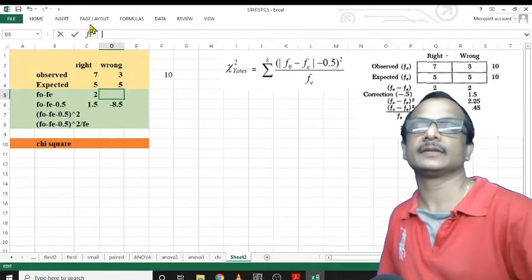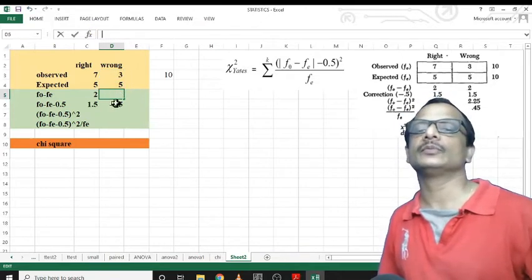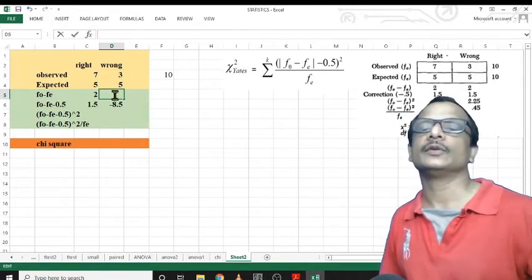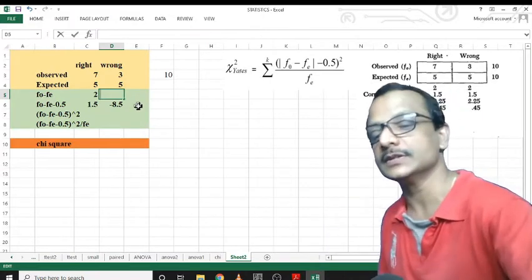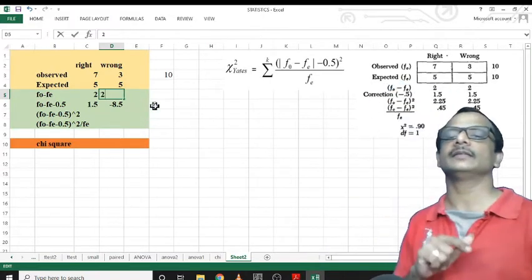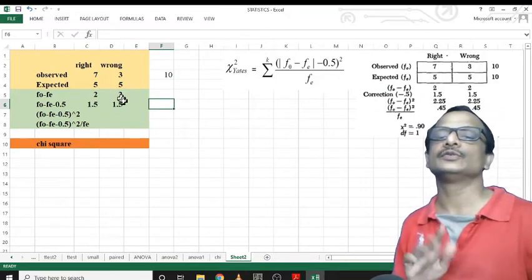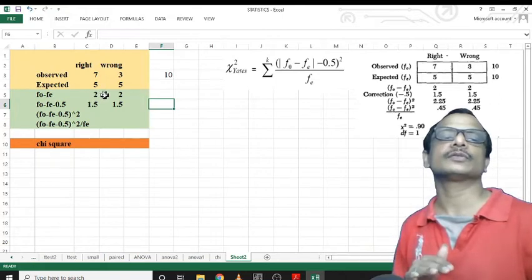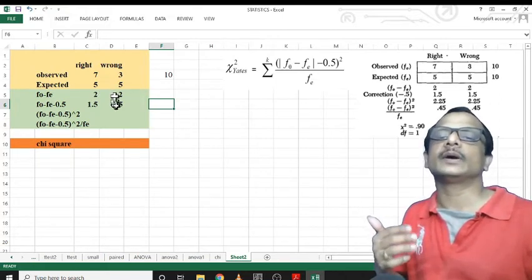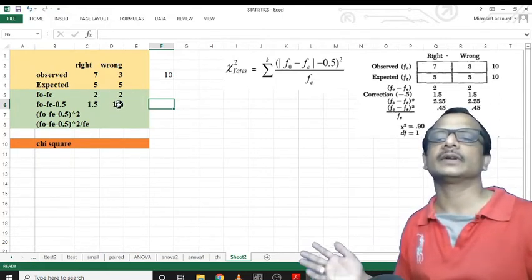Just leave it. What is the value? Minus 2. Converting it into the absolute value, just remove the sign, then the value is just 2. Here also 2, and 2 minus 0.5 is 1.5, right?